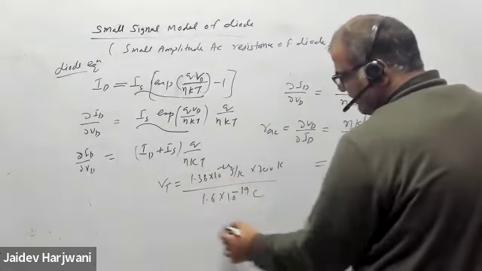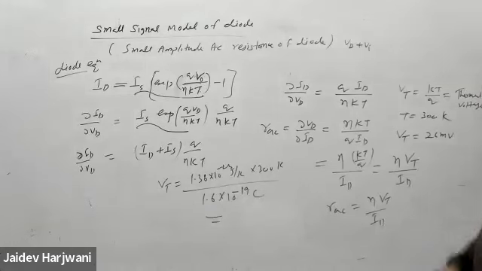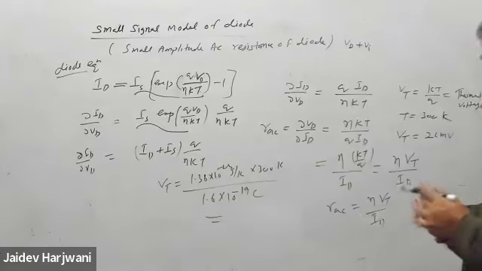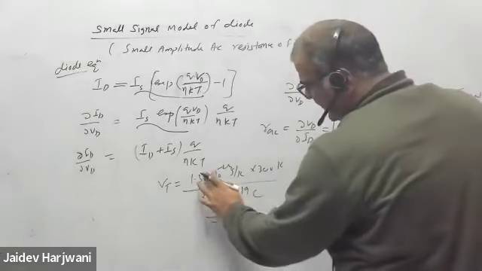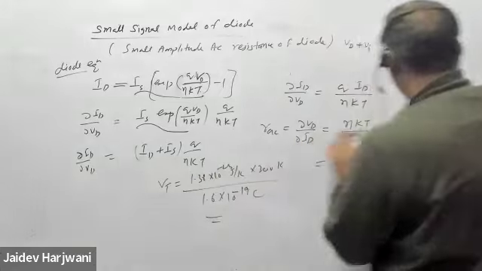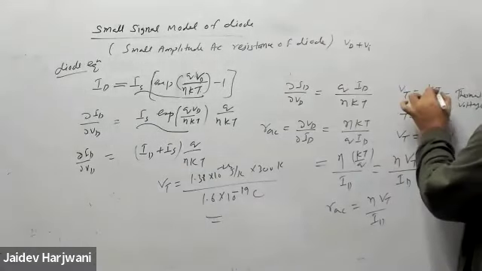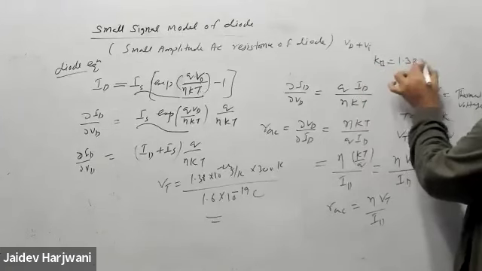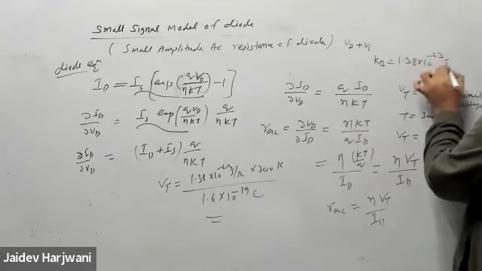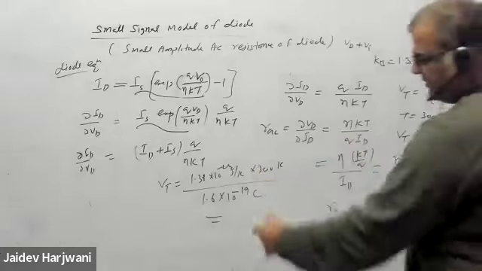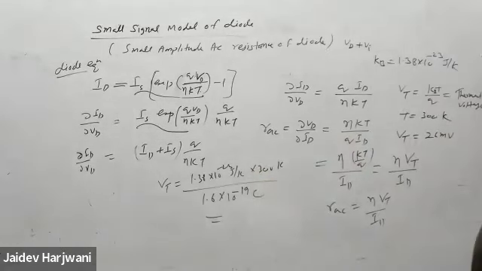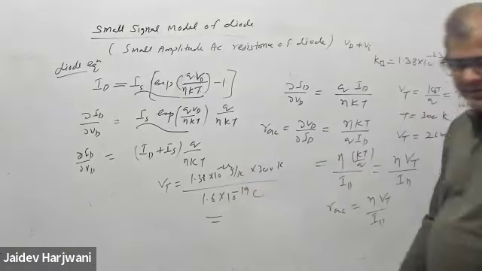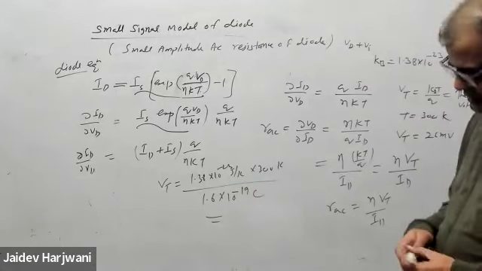Tell me what value is coming for VT. It comes to 25.8 millivolt.